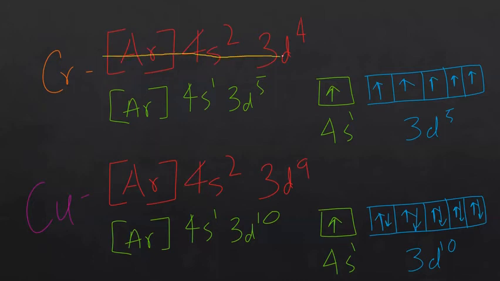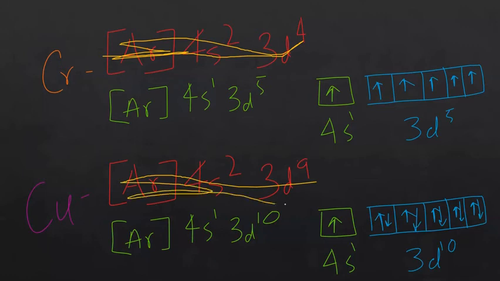However, this is not what happens in real life. And we would expect copper to be argon 4s2 3d9. This is not what happens either. What you're going to see instead is argon 4s1 3d5 and argon 4s1 3d10 for chromium and copper respectively.